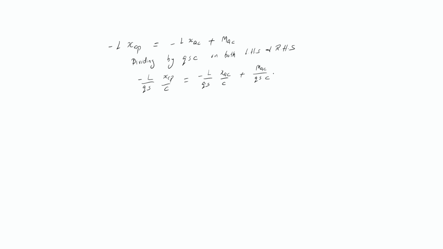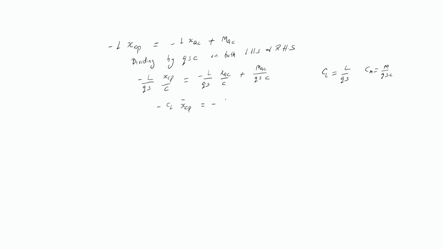We know CL equals L upon QS and CM equals M upon QSC. So we can write here minus CL XCP bar equals minus CL XAC bar plus CMAC. I am denoting this by a bar. Remember, what does the bar indicate? That this is a parameter non-dimensionalized with respect to chord.